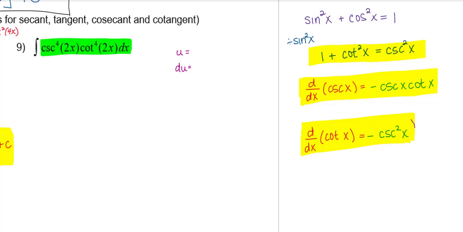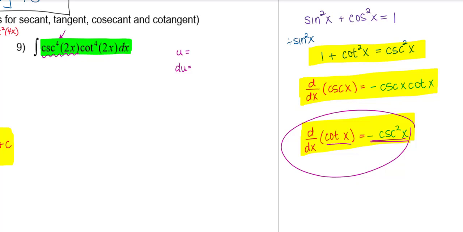For example, if I use the fact that the derivative of cotangent is negative cosecant squared, think ahead, that's going to use 2 of those 4 cosecants, which will leave 2 left. Perfect, that's Pythagorean.